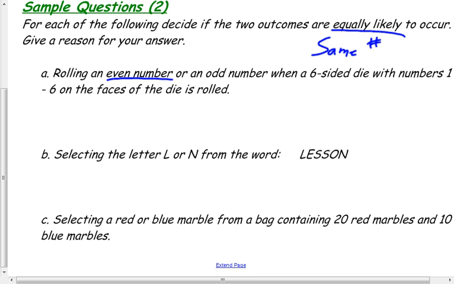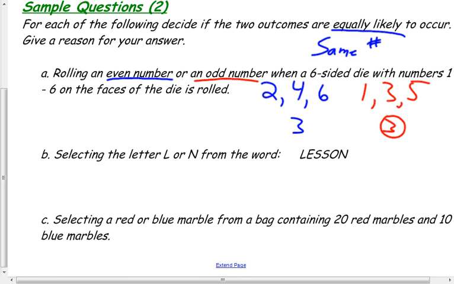So let's think about our even numbers. We can get either a 2, a 4, or a 6. Let's think about our odd numbers. Odd numbers, we can get either a 1, a 3, or a 5. So there's 3 ways we can get an odd number. There are 3 ways we can get an even number. So are there the same number of outcomes that will satisfy each? In this case, I would say yes, there are.